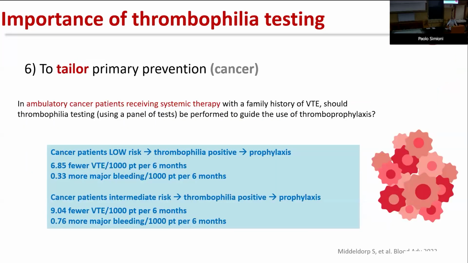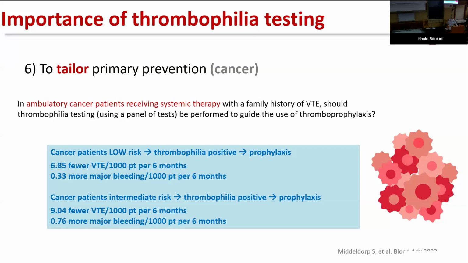Something that you could know is about cancer. I don't have to tell you that cancer is associated with thrombosis. You know quite well. But the point is that we have the feeling that there are cancers that are more associated with thrombosis than other cancers.